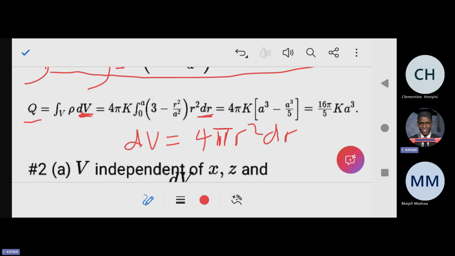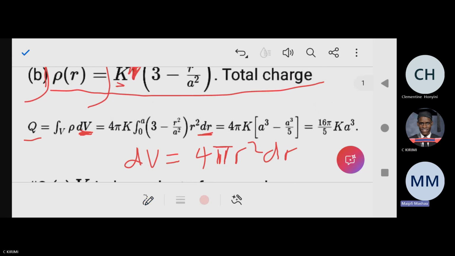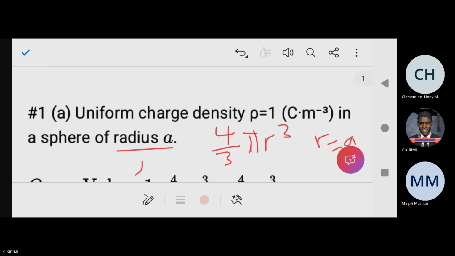What is the volume of a sphere? 4/3 pi r squared. Not r squared. What is the volume of a sphere? V is not r squared, it is r cubed. Sorry, r cubed.